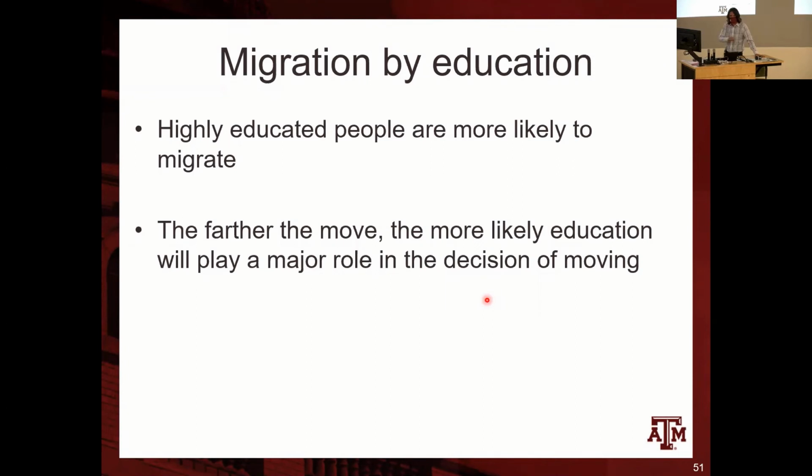If you are talking about migration between counties within the same state, you might see some migration of lower-educated people. But when you're talking about long-distance migration, usually the chances of seeing migrants with higher education are higher than people with lower education. Right?